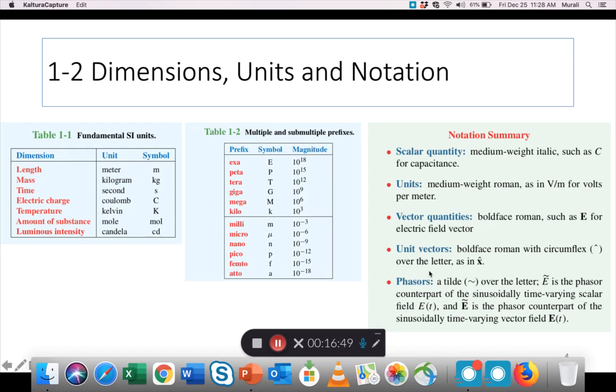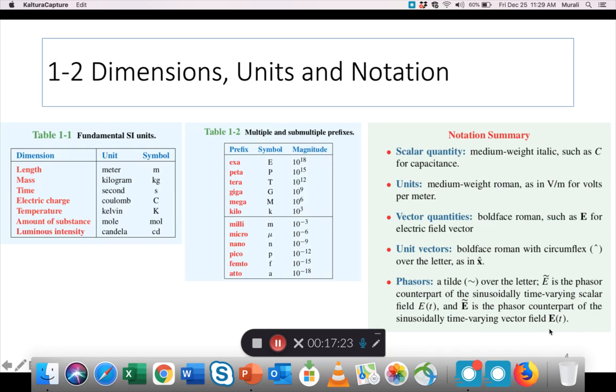So there's a slight difference here from how we have thought about phasors in the past. We have always thought that they are just always bold and they have a magnitude and a direction. But here he's saying even a scalar part of a field, of a quantity, can be a phasor, and when it's bolded, it is the phasor counterpart of a vector field.